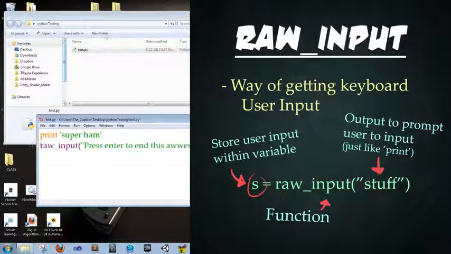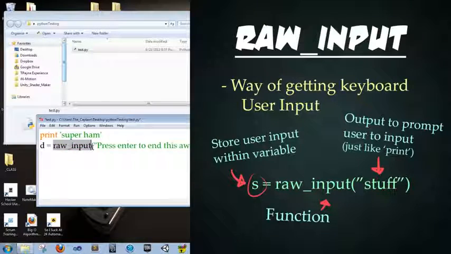Well, for starters, you want to typically store your values that are going to be returned from the user into a variable. So here I've typed d equals raw input, and this basically will store whatever the user inputs into the variable d.